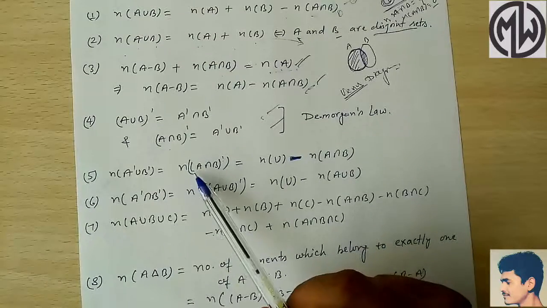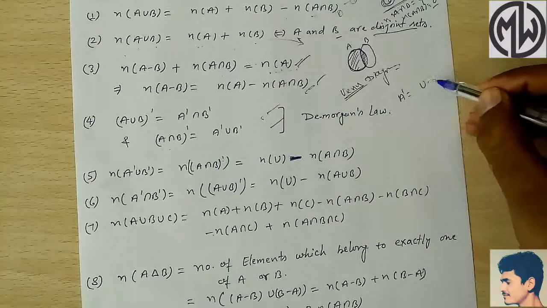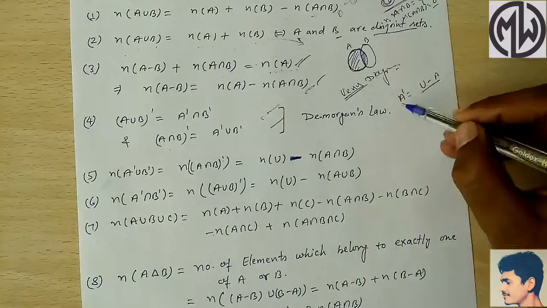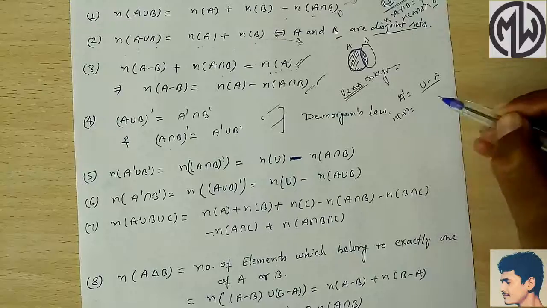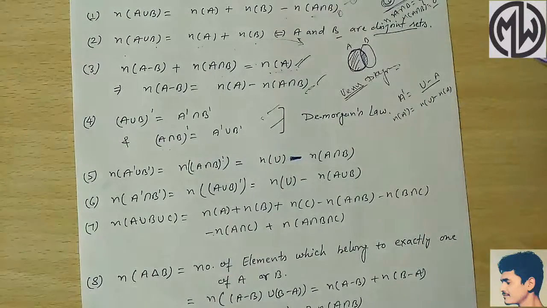Now for A intersection B complement, we know A complement is equal to U minus A. So number of A complement is equal to n of U minus n of A. Simple.